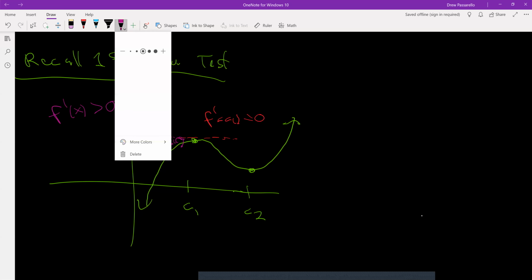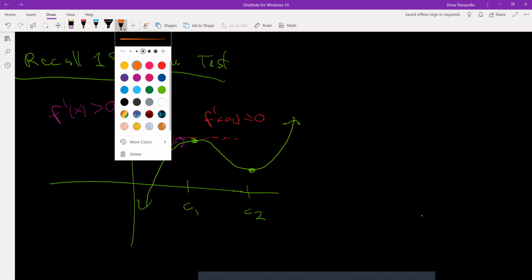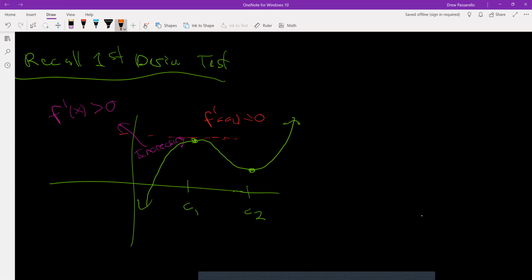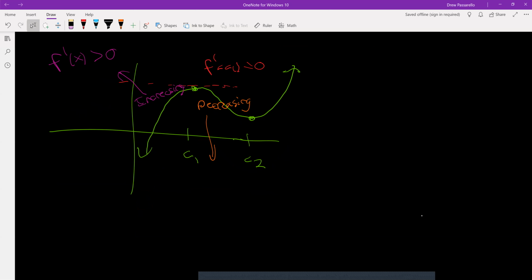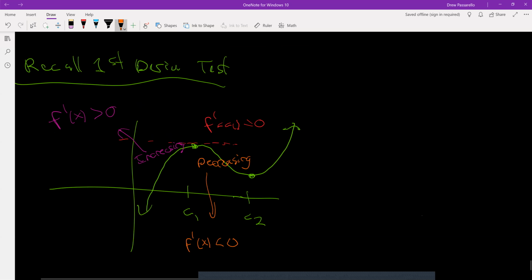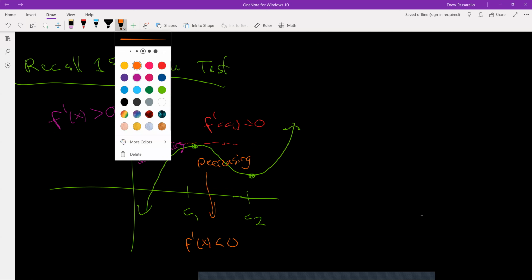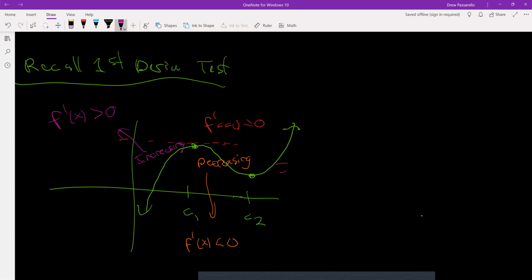And then it goes from increasing to decreasing if it's a relative max. So this portion's decreasing. And the first derivative is negative when it's decreasing. All right, and then for relative min, it goes from decreasing to increasing. So this portion is increasing.